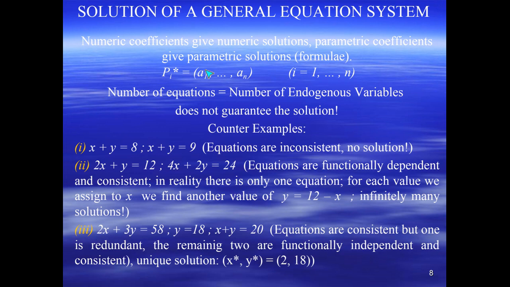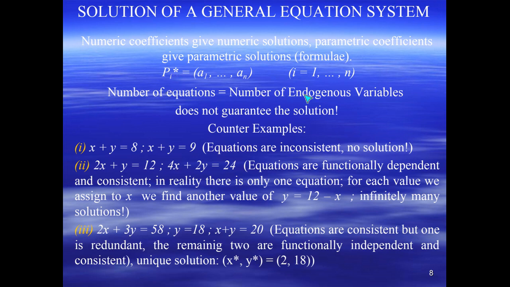At the end, in the real solution, all the endogenous variables' equilibrium values should be expressed with the exogenous variables and parameters, you see. So Pi star is expressed as a function of A1 to An, and there can be even more or fewer exogenous parameters, i from 1 to n. So for each market, we should find an equilibrium price.